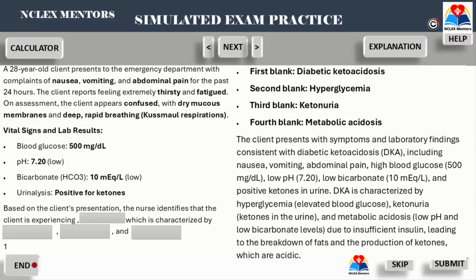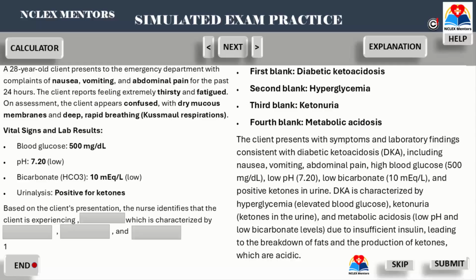1. Hyperglycemia. The client's blood glucose is 500 milligrams per deciliter. That's dangerously high. Remember, normal blood glucose usually ranges from 70 to 140 milligrams per deciliter, depending on meals. 2. Ketonuria. The urine test is positive for ketones, which means the body is using fats as an energy source instead of glucose.